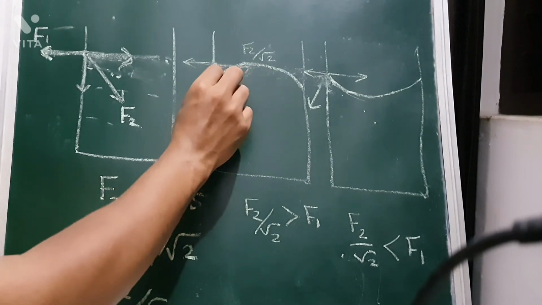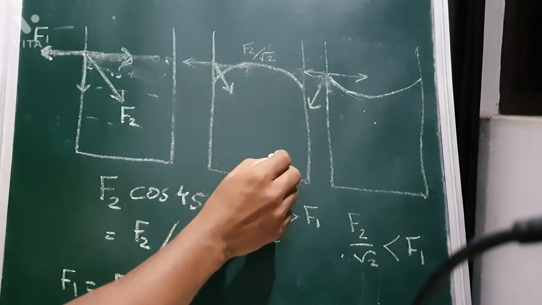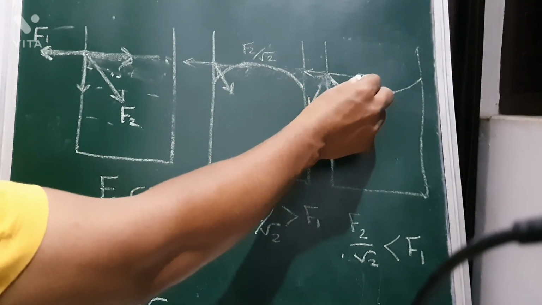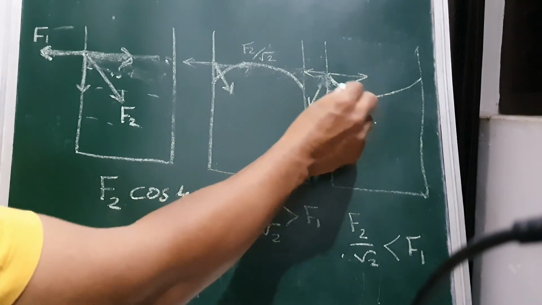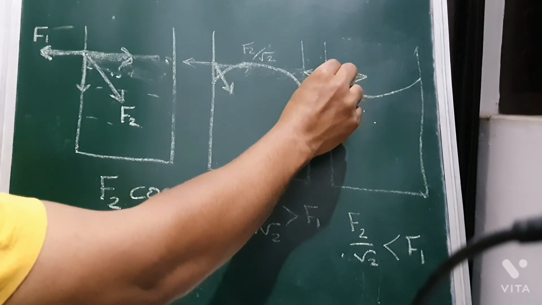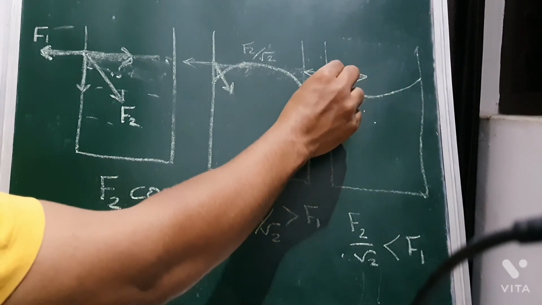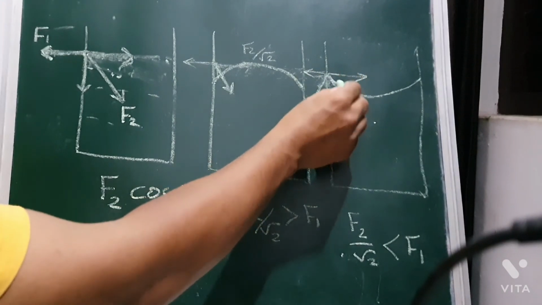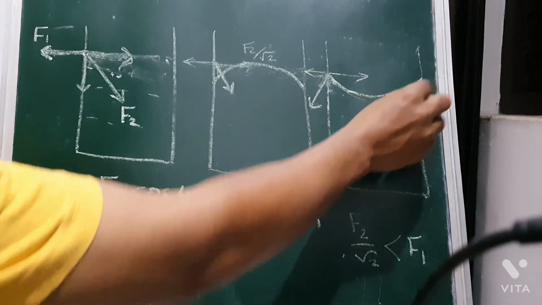In that case, we will get a meniscus like this one. Now, the third case is that F1 is greater than the x component of F2, that is F2/√2. Then we will get a net resultant force in this direction. So this particle is actually attracted outwards. In that case, we will have a meniscus like this one.